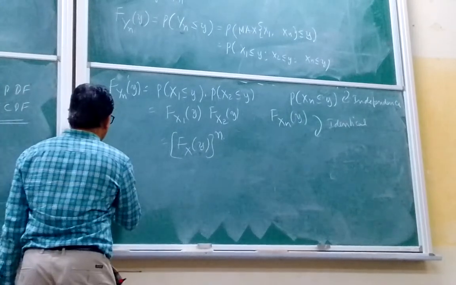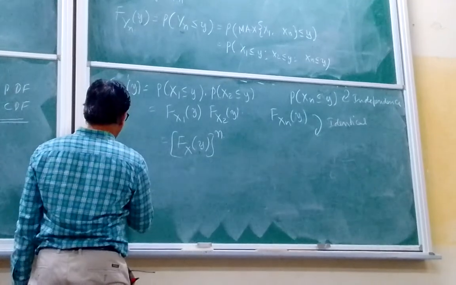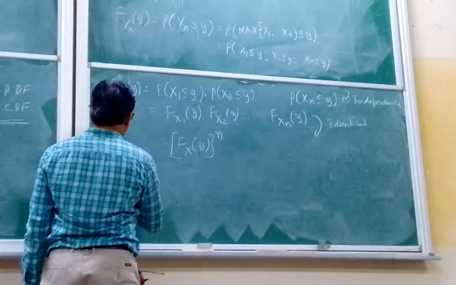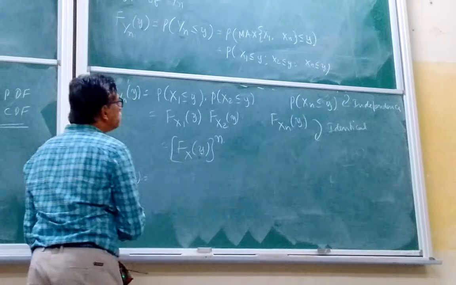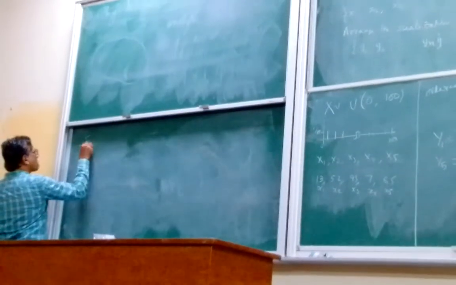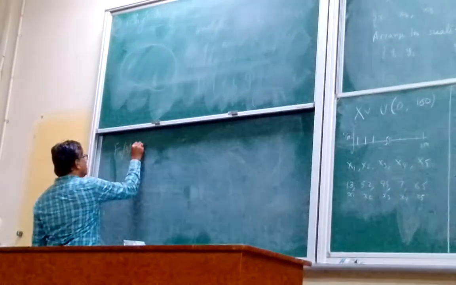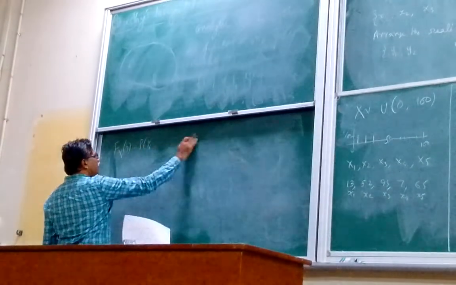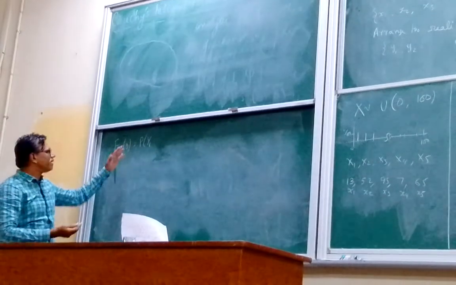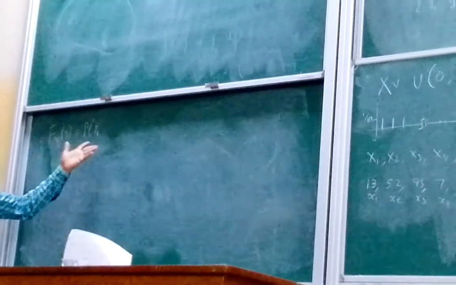Now we will look at the other one, F_Y1 of y. I won't have much space here. We go there. Right. Again, what I do is, what is this one? See, all the time what you do is you go to the first principle. If you write something, then you write what is the condition.